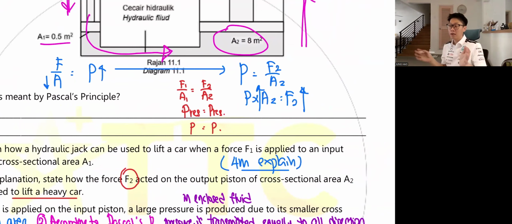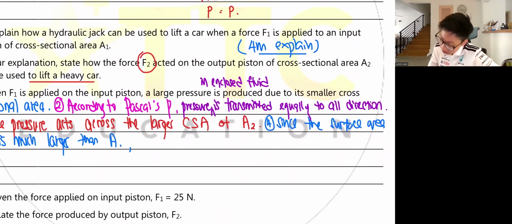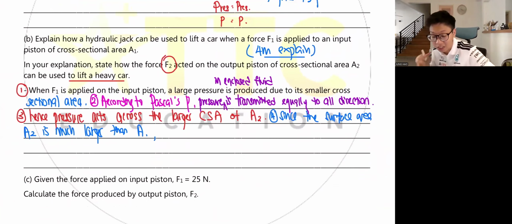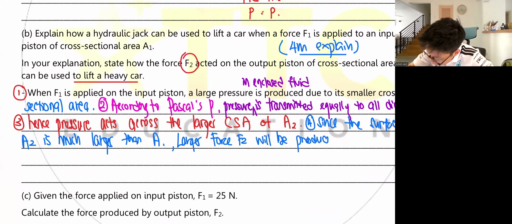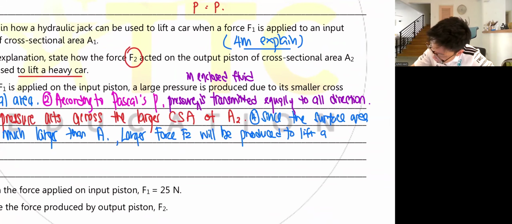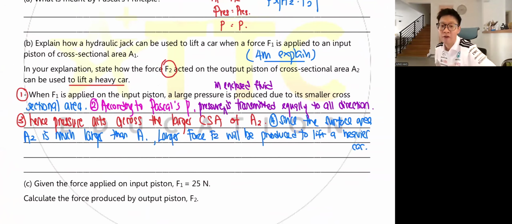So since the surface area of A2 is much larger than A1, a larger force F2 will be produced to lift a heavier car.